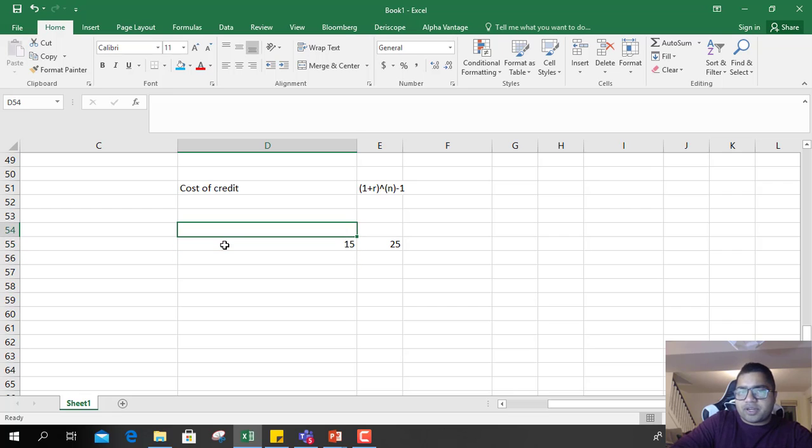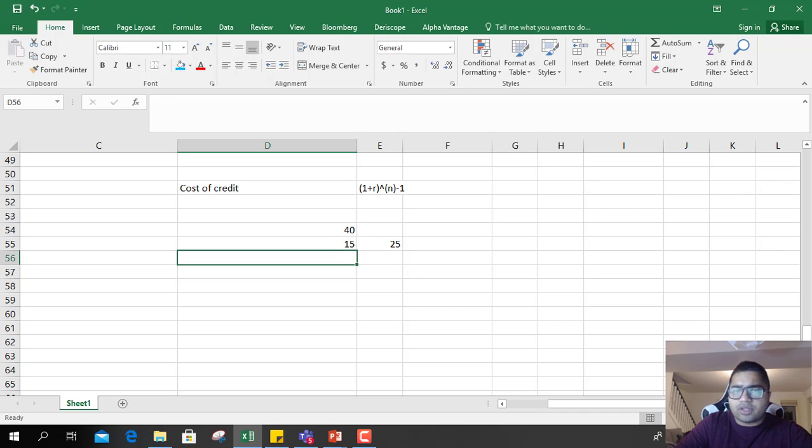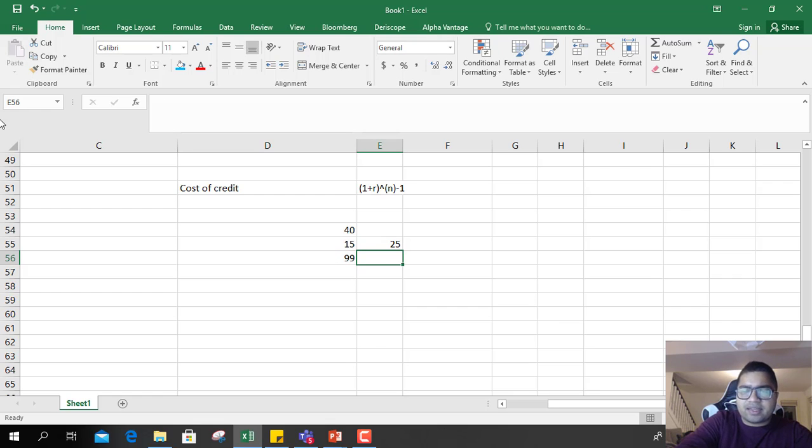So total is 40. If you pay before 15 days, you get a 1% discount, so you only pay 99. If you pay between the 15th and 40th day, meaning 25 days beyond the 15th day, you pay 100%. So those are the terms that are extended to you.